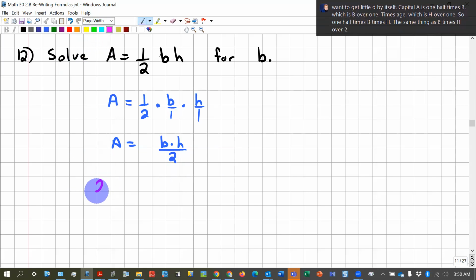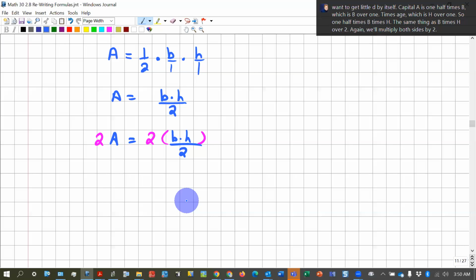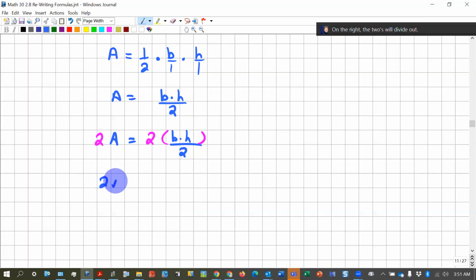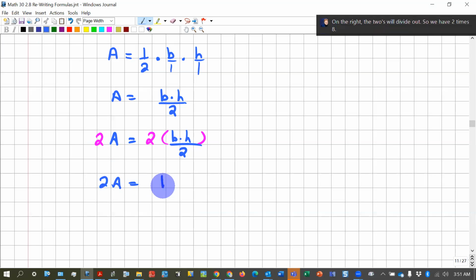Again, we'll multiply both sides by 2. On the right, the 2's will divide out. So we have 2 times a equals b times h.